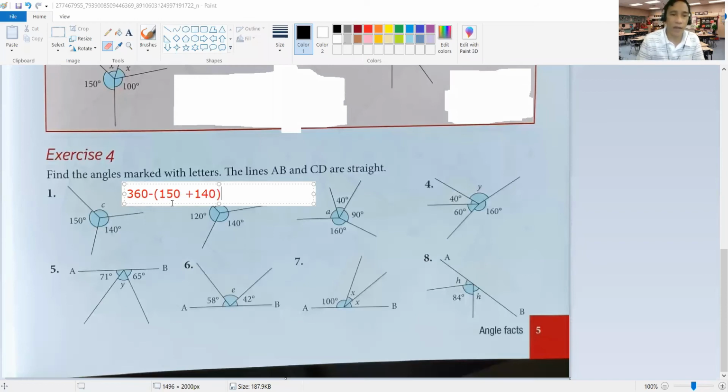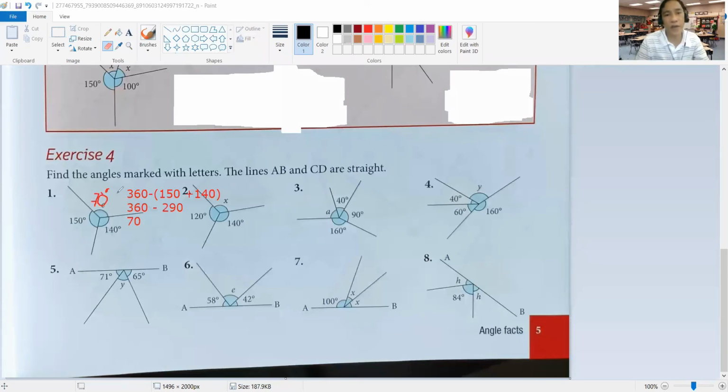But I'll do it this way: 360, and then I add the 150 plus 140, which is 290 degrees. Then 360 minus 290 is 70 degrees. So therefore, the value of angle C here is 70 degrees.